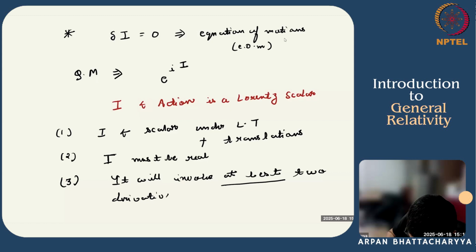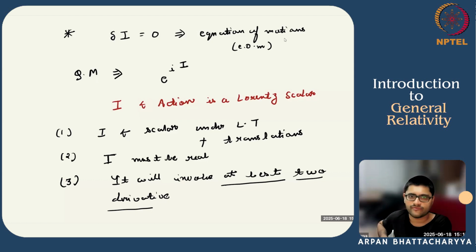This will ensure that the equation of motion that you derive by using the variational principle from this action will only be a second order differential equation. And this is to make sure that we don't encounter any problem regarding causality or instabilities. Remember the Ostrogradsky theorem from classical mechanics.